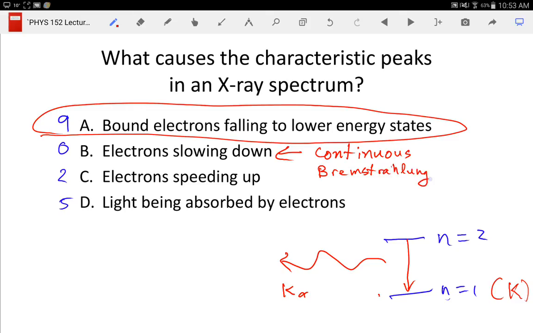I'm sure that's spelled incorrectly. It's the Bremsstrahlung radiation. I can't spell it correctly, and I don't expect you to spell it correctly either. But you should know what the Bremsstrahlung is, the braking radiation, the slowing down.